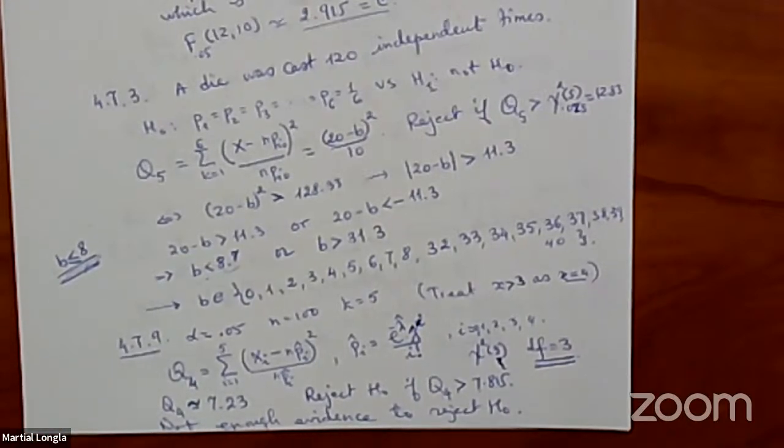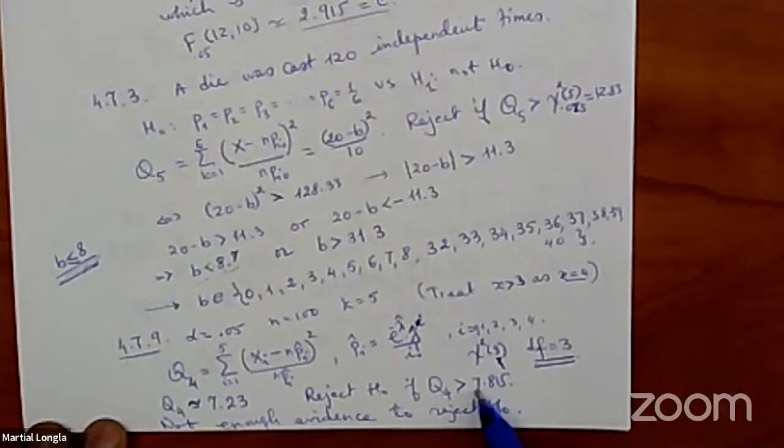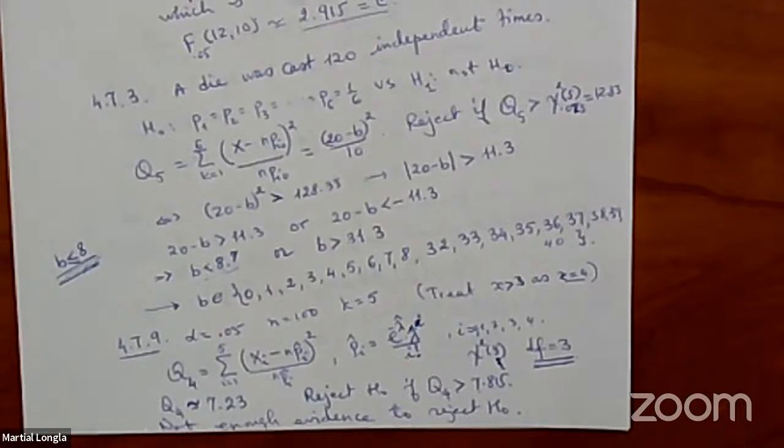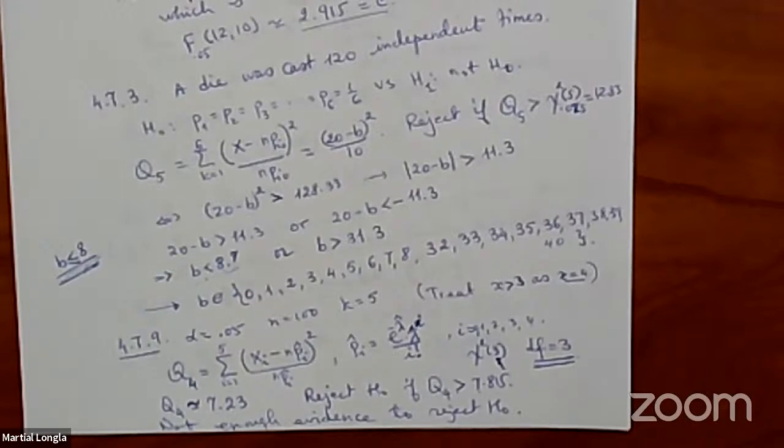And you want to say I would reject if 7.23 is larger than 7.815. And in this world in which we are living, that's not true. Right? So we don't have enough evidence to reject H naught in this problem.